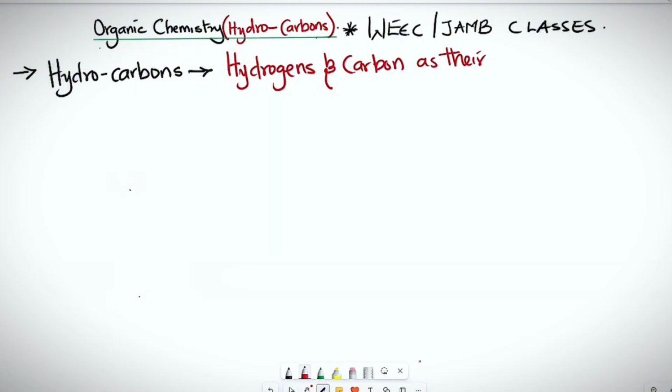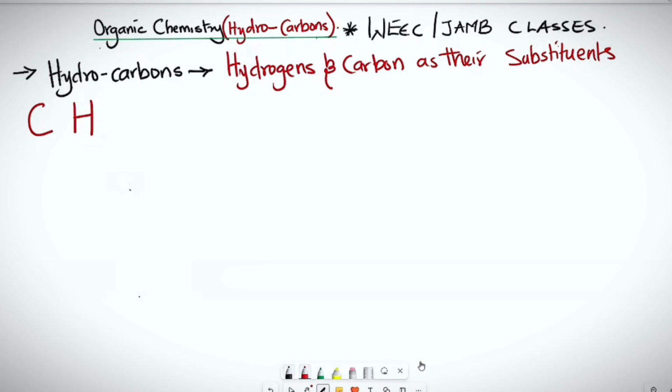There are other ones, but these are their main substituents. Right? So we're talking about hydrocarbons. We're looking at the chemistry of hydrogen and carbon alone. So we have C, carbon, and hydrogen, right?